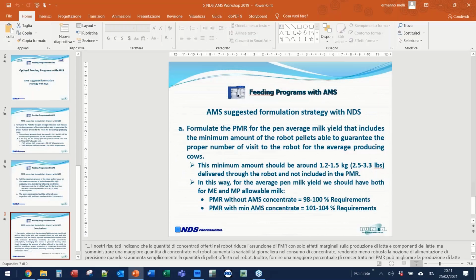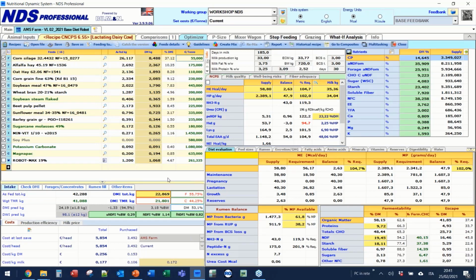So based on these constraints, we set a series of algorithms able to give us some answer. First, I formulate my PMR. Here there is an example. In this case, I formulated the PMR, and now we can evaluate it without the minimum pellet.